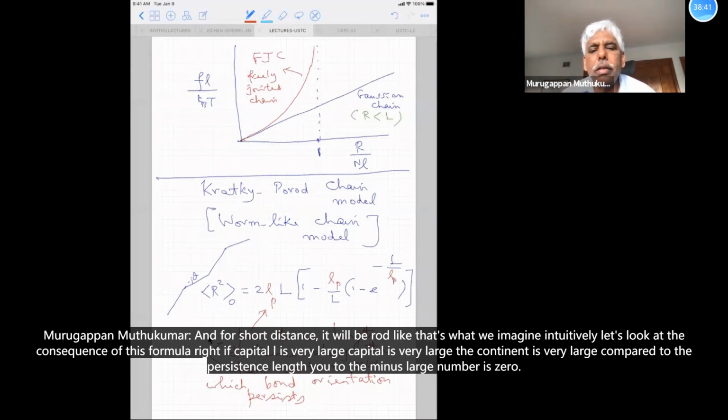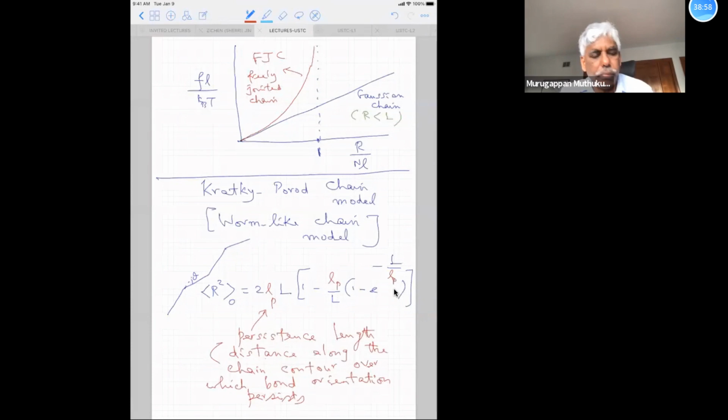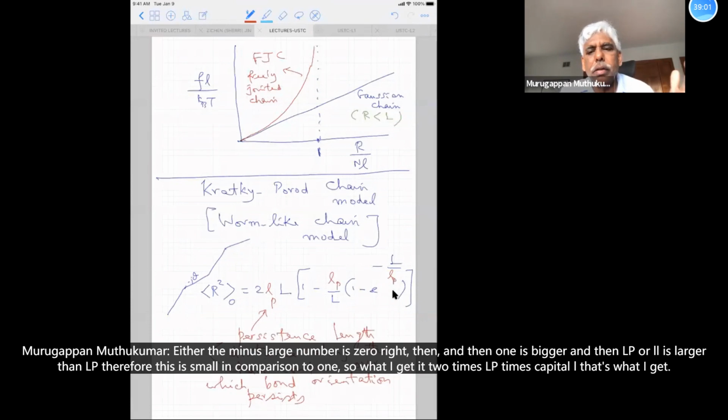Let's look at the consequences of this formula. If capital L is very large, the contour length is very large compared to the persistence length, then e to the minus large number is 0. Then 1 is bigger, and LP over L is small in comparison to 1, since L is larger than LP.